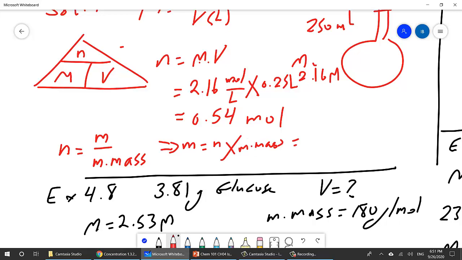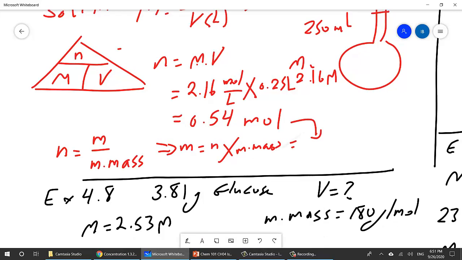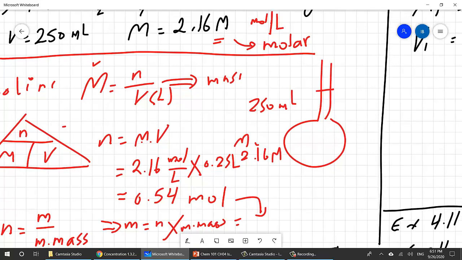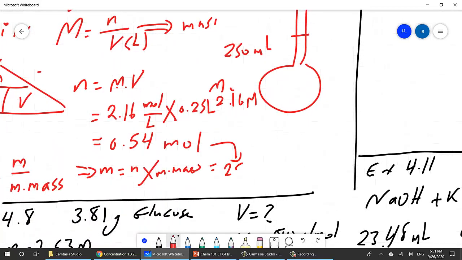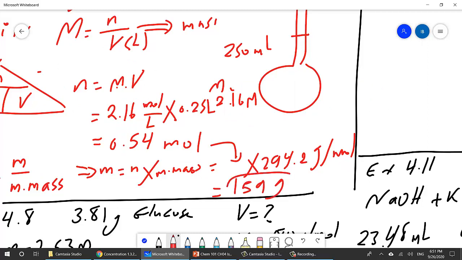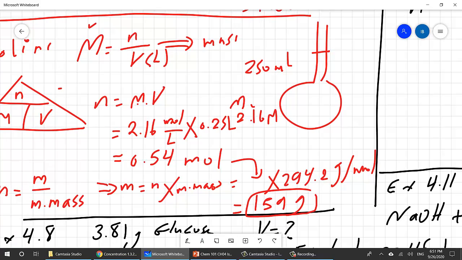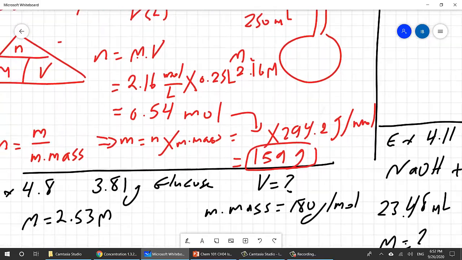Then it's equal to this number multiplied by the molar mass of the dichromate, which is 294.2 gram per mole. Of course, the mole cancels with the mole, and you will have an answer of 159 grams. That's the mass that you need to weigh on your balance and dissolve in 250 mL in order to get a 2.16 molar solution.